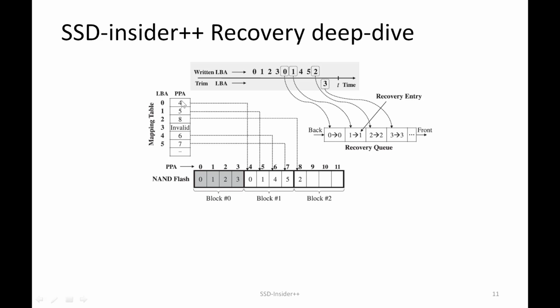So earlier the PPA was 0, so that's what was updated here. Same with 1, 2, and 3. So why did 3 happen here? Because it has received an erasure. So if we specifically look at 3, there is no valid entry in the mapping table, but in the recovery queue we still have the location of its data.